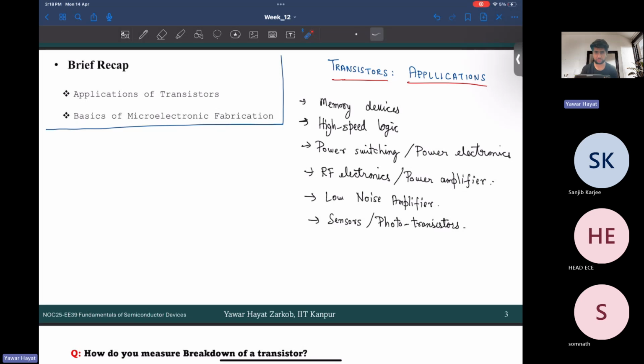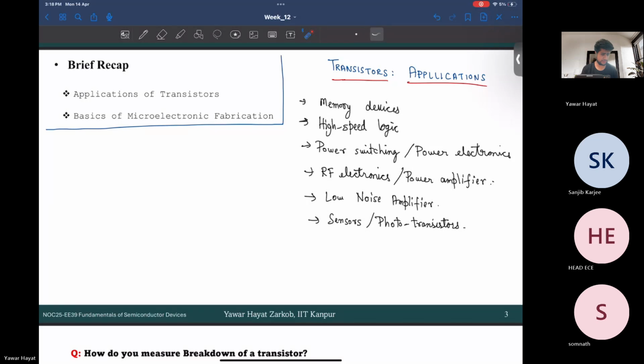What are those qualities? These were the two things I broadly discussed in week 12.